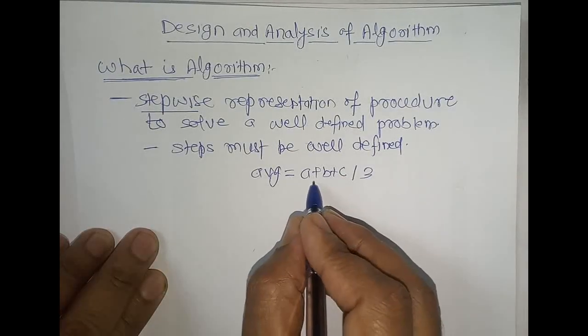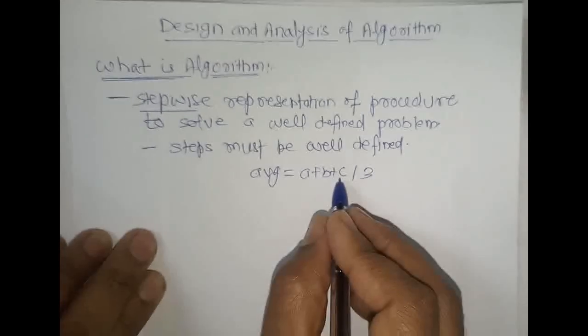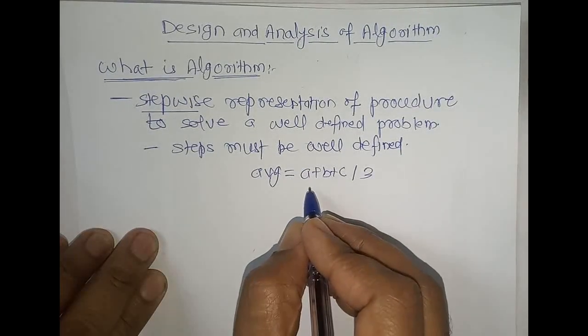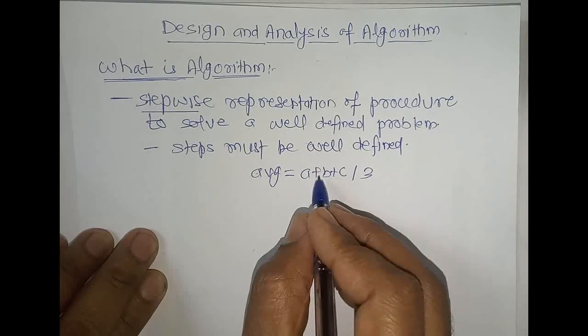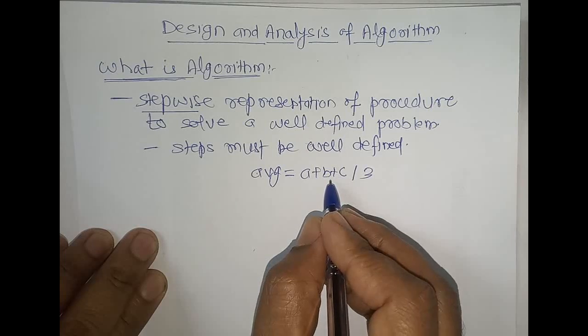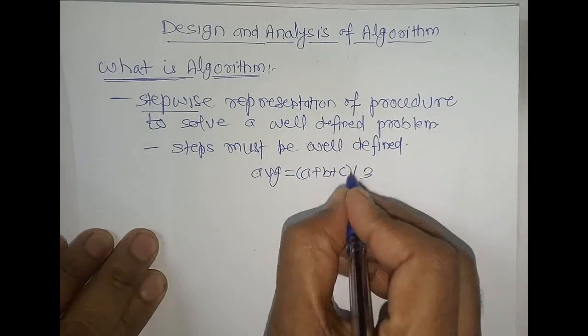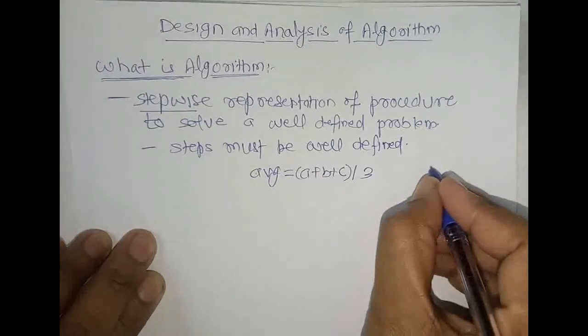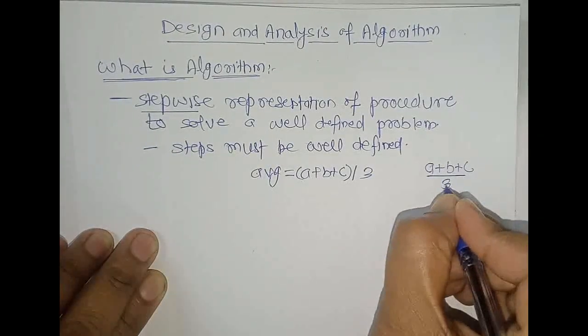Here this will first add a plus b, then will add c by 3 to a plus b. So our purpose is to find the average of three numbers, so this will not solve our problem. So for this we will use parenthesis here, or we can write in this manner (a plus b plus c) divided by 3.